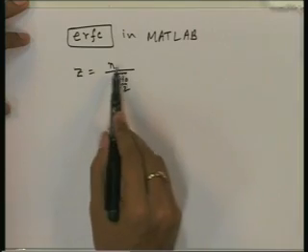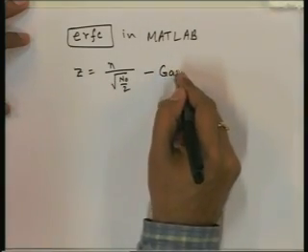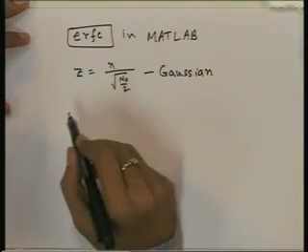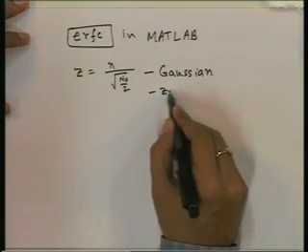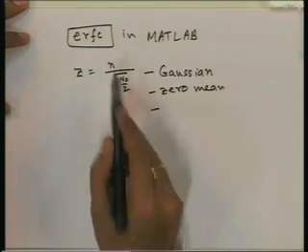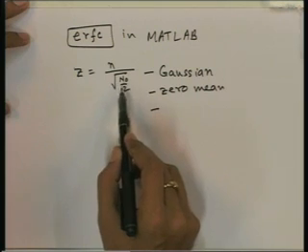Now, this is just scaling of a Gaussian random variable, so this is also Gaussian. Mean of n is 0, so 0 mean. Variance of n is N0 by 2, that is, standard deviation of n is root over N0 by 2.